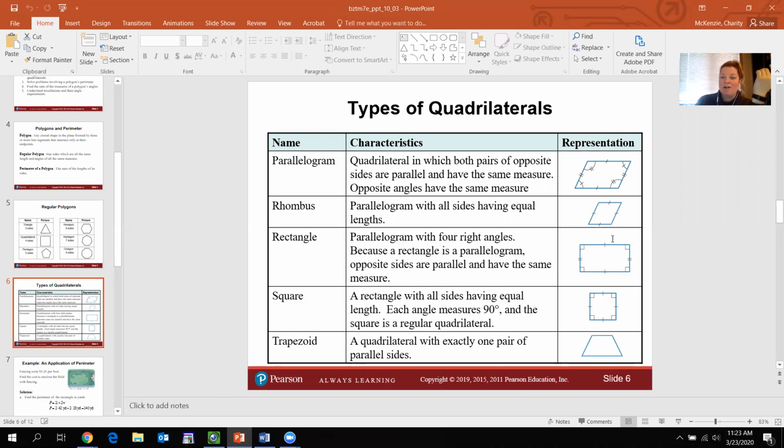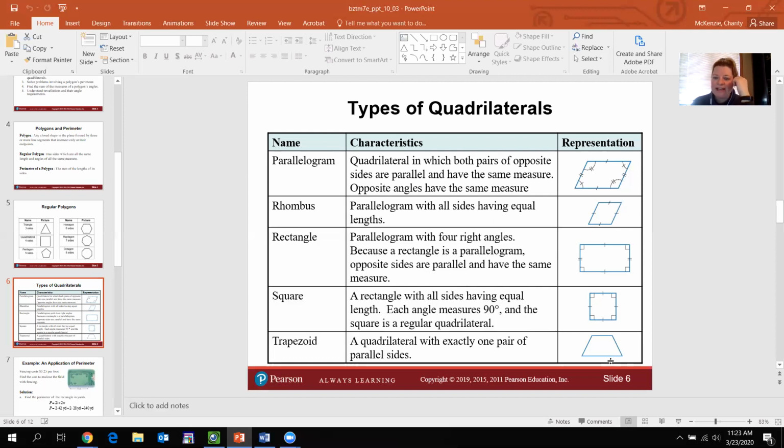The rules are 90 degrees on all angles. Okay, it's also a parallelogram because opposite sides are parallel. That's it. That's our only rules for a rectangle. Okay, and then for a square, all sides and all angles are congruent. This is our regular polygon for quadrilaterals.